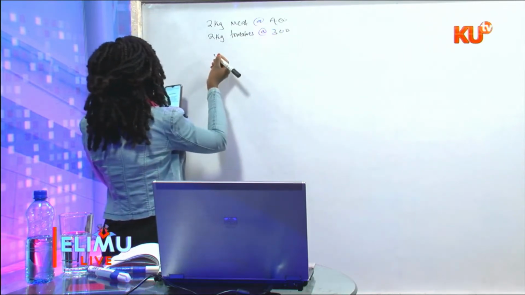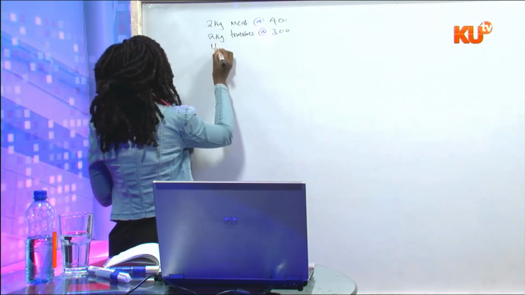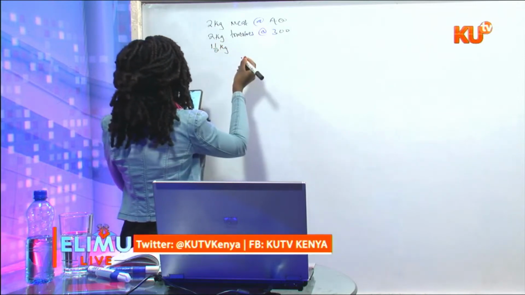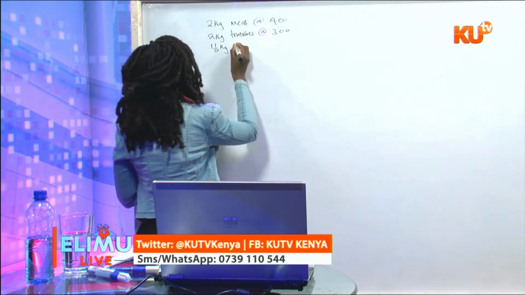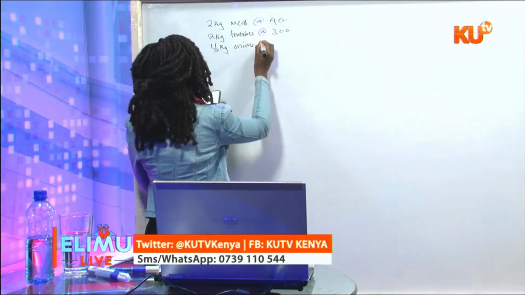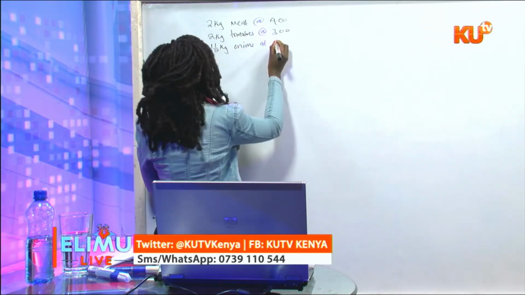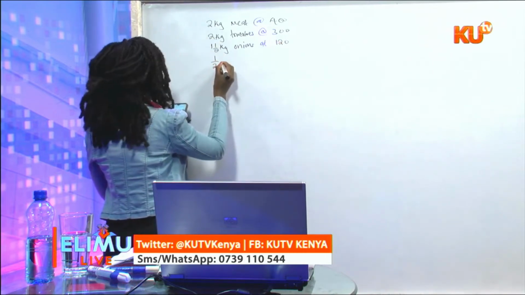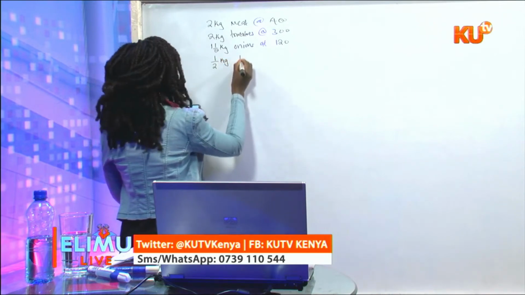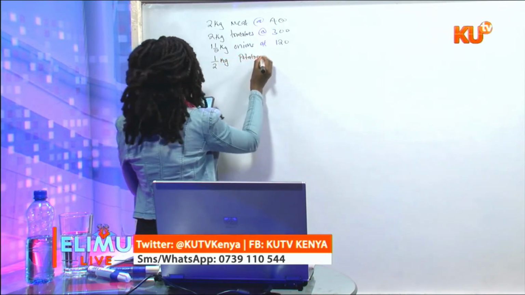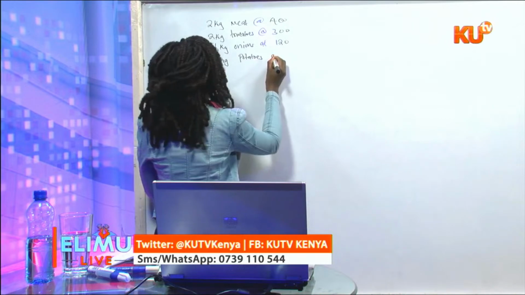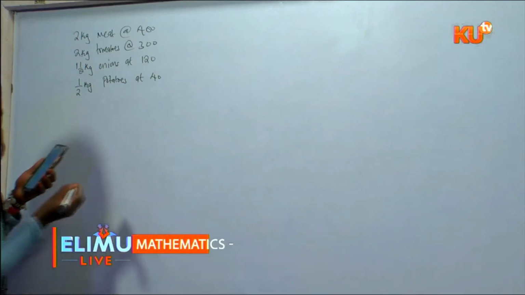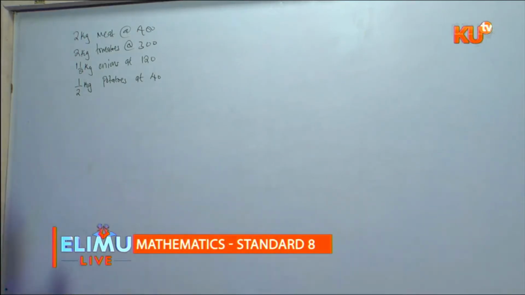We have 1.5 kgs of onions at 120 per kg, and then we have a half kg potatoes at 40 shillings per kg. So how much did he pay?